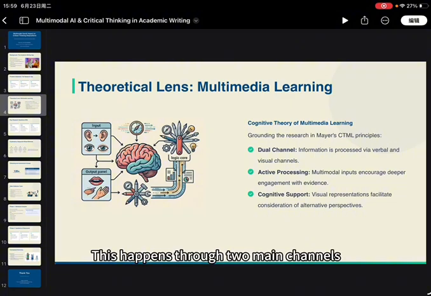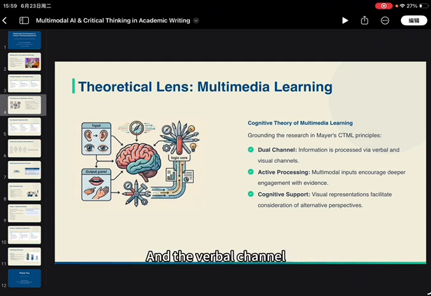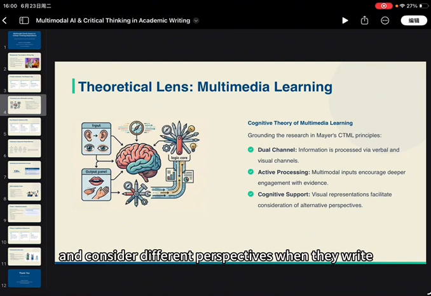This happens through two main channels, the verbal and the visual channel. By using multimodal AI, we hope to encourage active processing. Visual evidence and feedback can help students engage more deeply and consider different perspectives when they write.